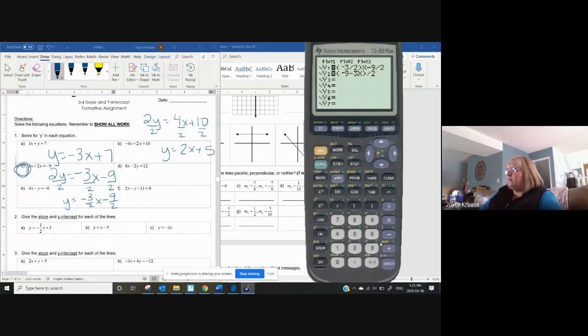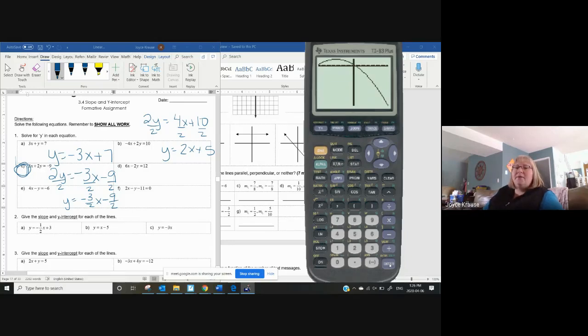But if I had some bigger graphs, like let's say, don't change yours, I'm just going to turn these off for a minute. Let's say next year I have -x squared minus 40x plus 100. Well, the window settings are going to have to change for that. So if I push zoom fit, 0 for zoom fit, it will actually help me find my graph.